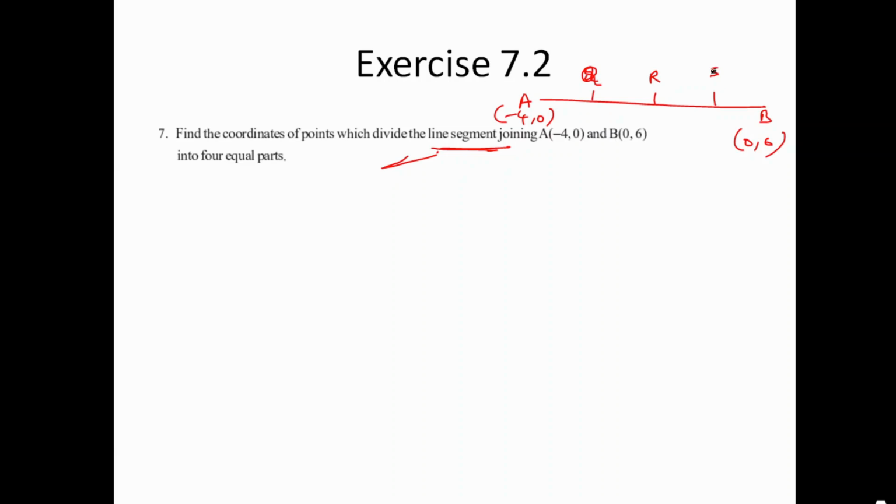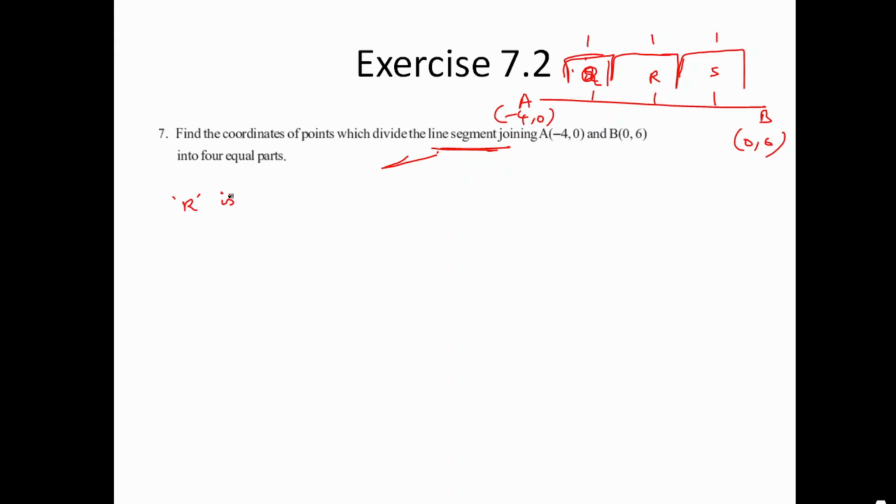So what is being asked is to find the values of the other parts here, right? Since they are equal, the length of each one should be 1, 1 and 1, right? So how do I get the value of R?